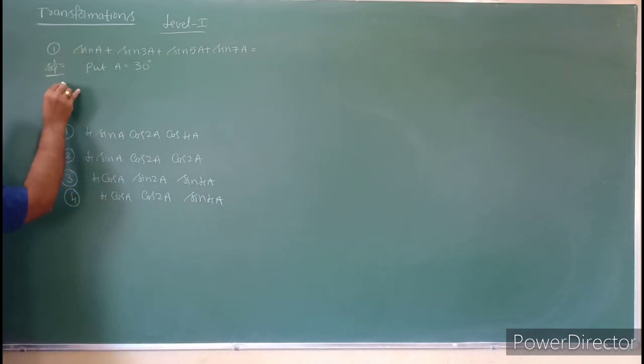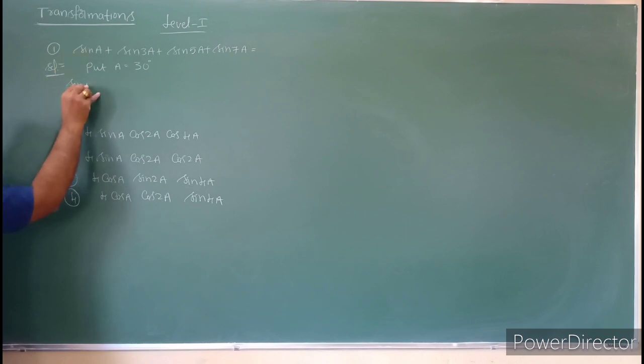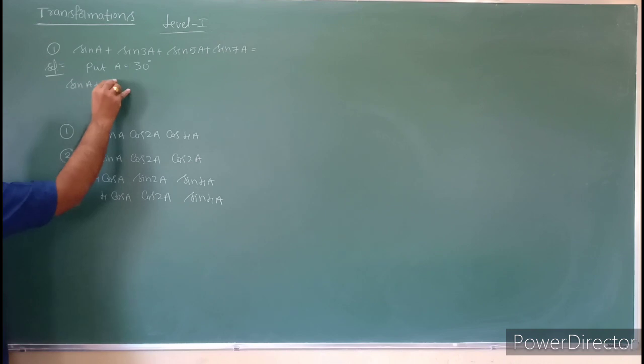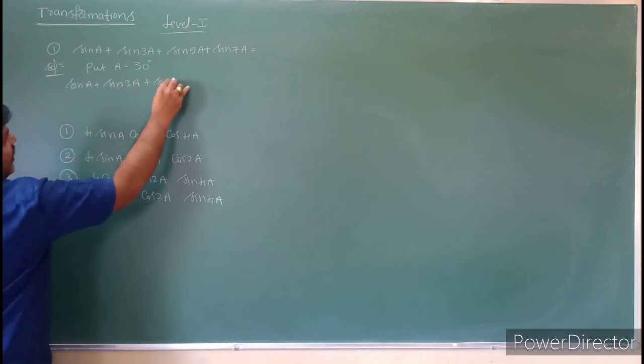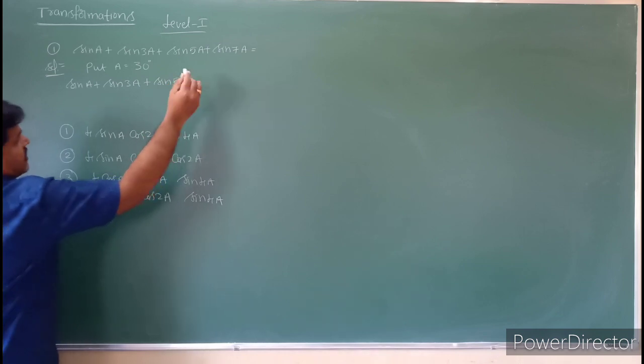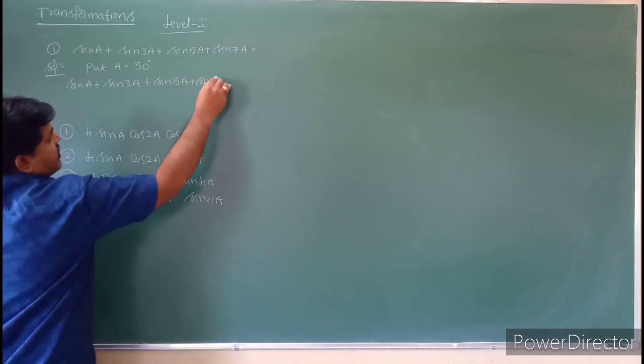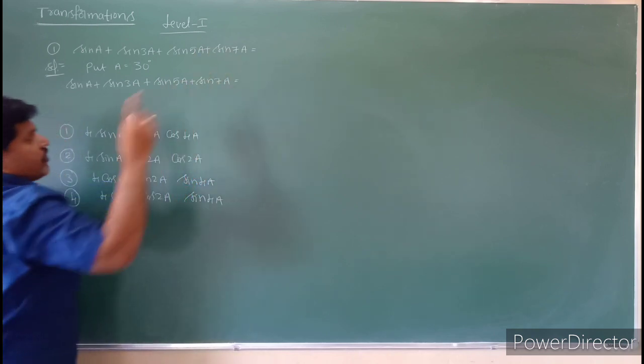So this value, sin A plus sin 3A plus sin 5A plus sin 7A. So what happens, students?